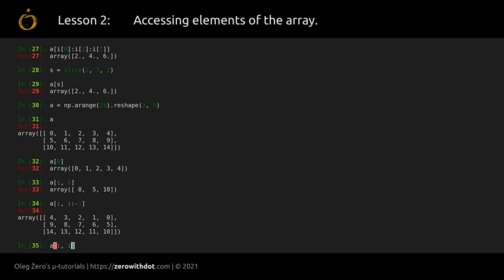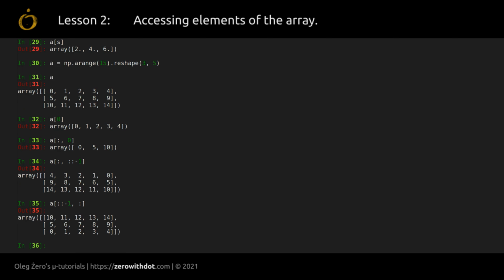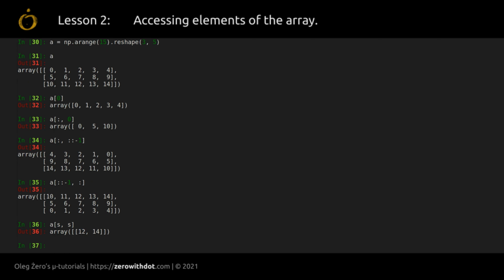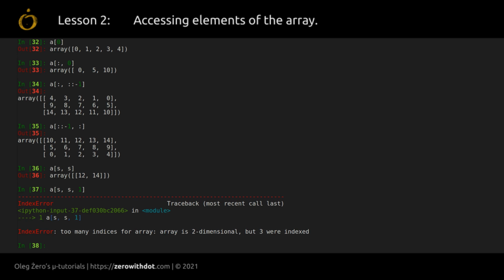We can flip it left to right. We can use slices. And now you see that this syntax with the comma in brackets is reserved for higher dimensions. So if we have this one, it won't work, because now our array is 2-dimensional and we try to ask for the 3rd dimension.